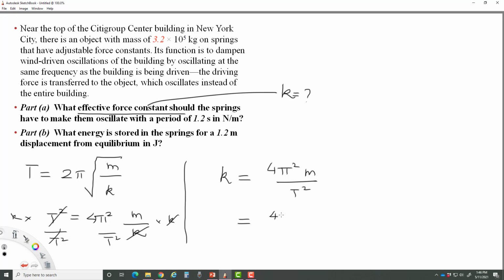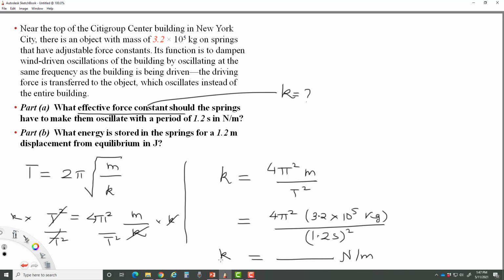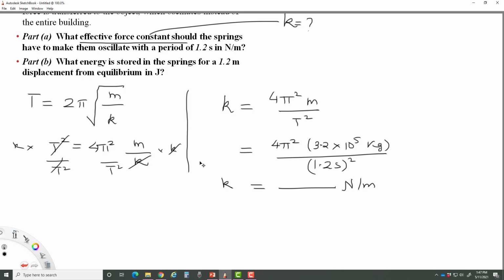Okay, so 4 pi squared, mass is 3.2 times 10 to 5th kilogram over time period is 1.2 second squared. Okay, so you do the math, that will give you the spring constant in Newton per meter. And then what is the energy stored?